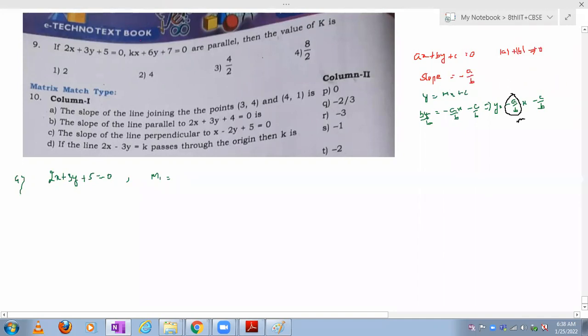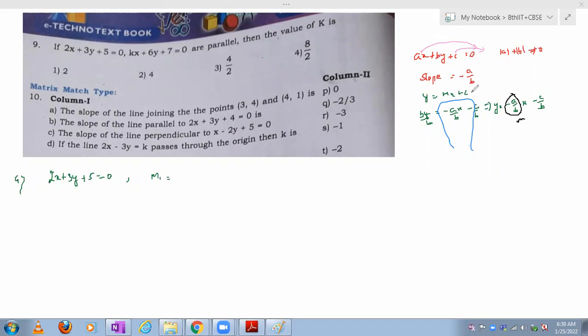Sir, tell me, what have you written here? This one. See, I brought minus ax and minus c towards the right hand side.